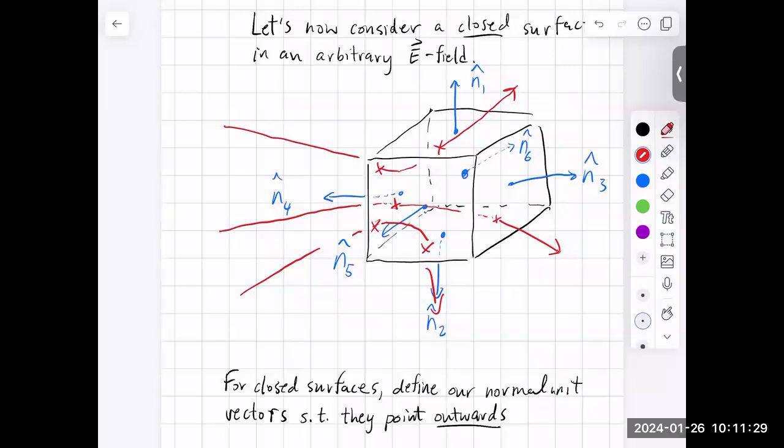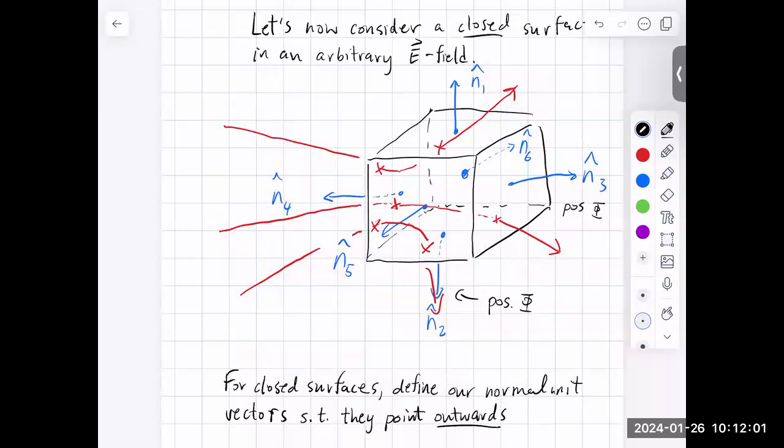And so if we look at N2, over here, we're going to get a contribution of positive flux, where this red electric field line is approximately parallel to the N2 normal vector. Over here, we'll get more positive flux, because close to N3 hat, we've got this red electric field line coming out. And, you know, they're not exactly parallel, but they're more parallel than they are anti-parallel.